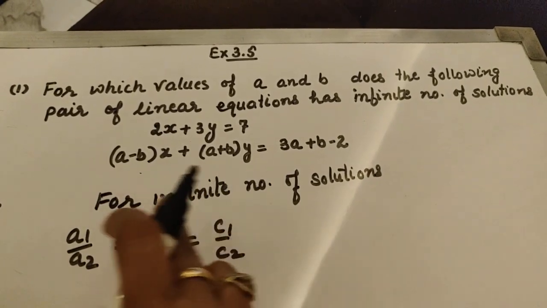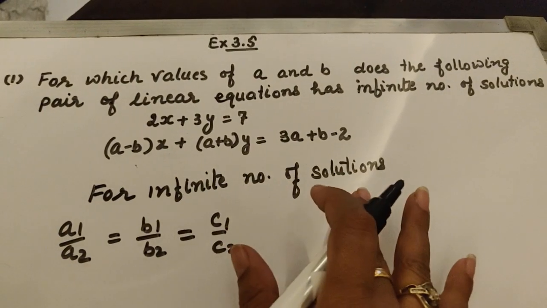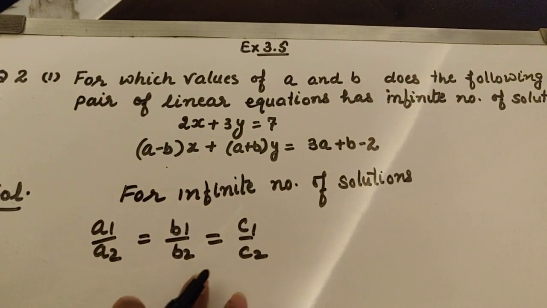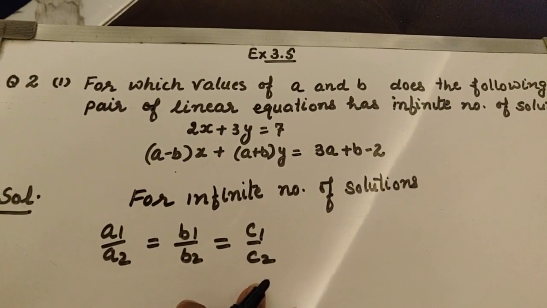I hope you all know about this condition, that whenever we have infinite number of solutions, in that case A1 upon A2 is equal to B1 upon B2 is equal to C1 upon C2.